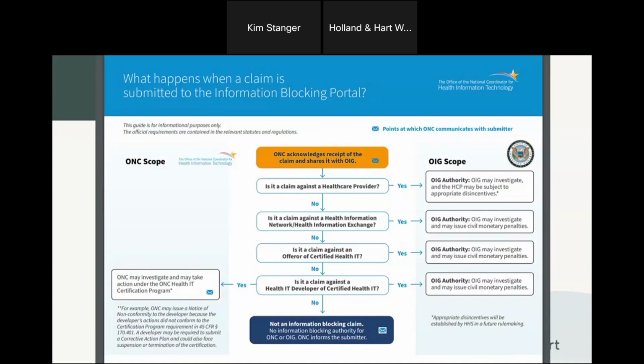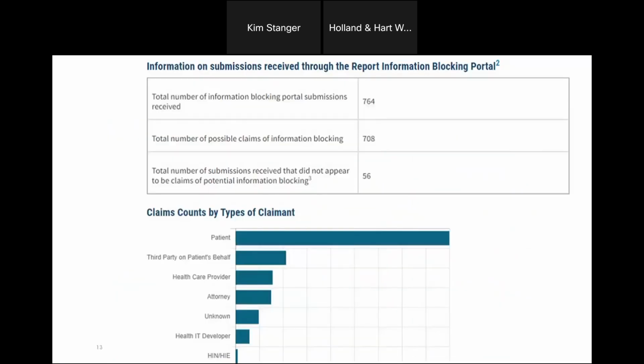As I mentioned, under the current rule, if somebody has a complaint, they can hop on the ONC's website, submit the claim electronically to the ONC, and then the ONC does its investigation. So far, there have been a total of 764 complaints. This just breaks out who's making the complaints. I thought it's interesting that most of the complaints have been coming through by patients.